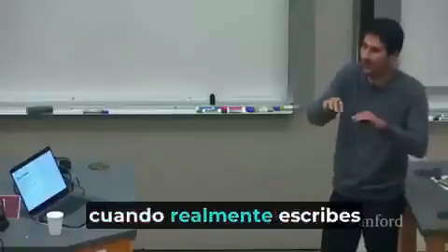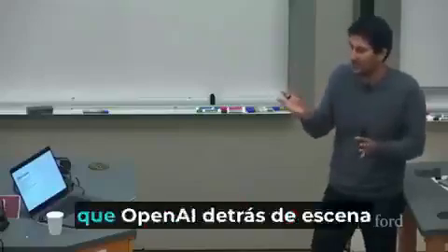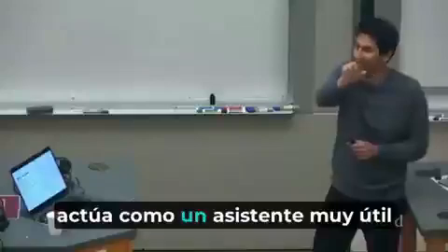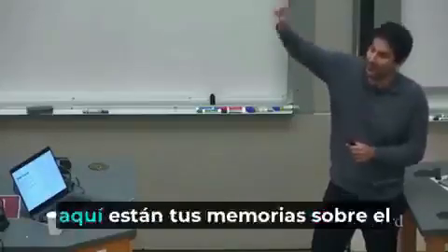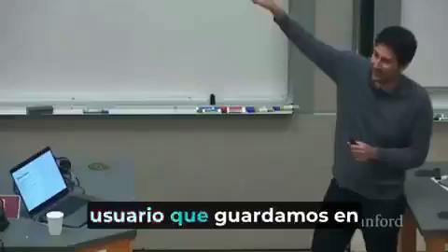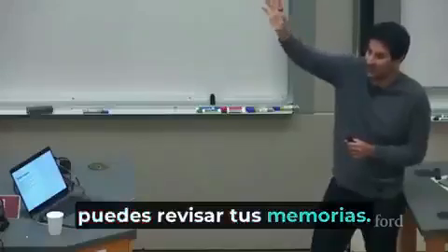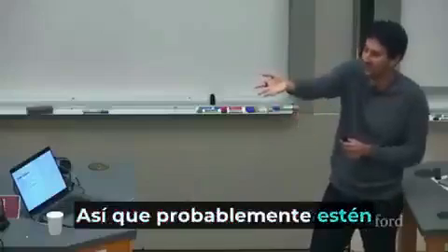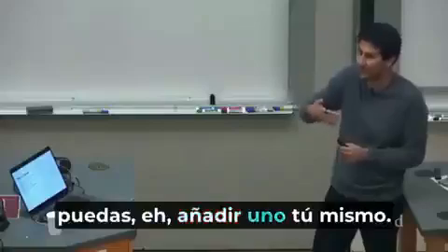When you type on ChatGPT, it is possible, though it's not public, that OpenAI behind the scenes has "act like a very helpful assistant for this user. And by the way, here are your memories about the user that we kept in a database." You can actually check your memories. And then your prompt goes under, and then the generation starts. So they're probably using something like that, but it doesn't mean you can't add one yourself.